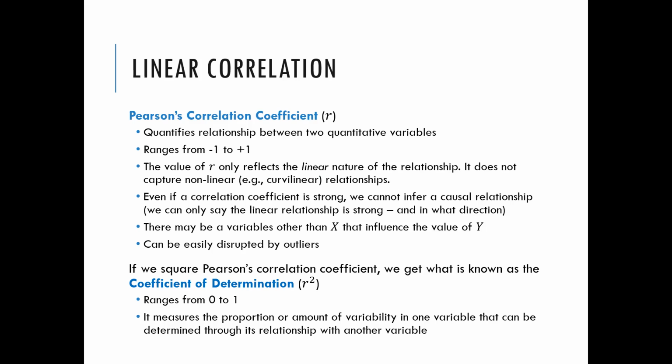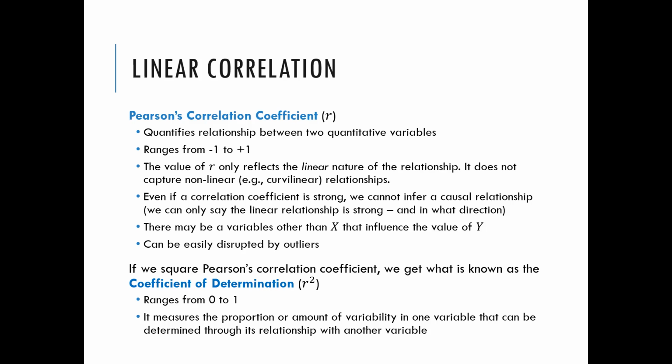Remember, the value of r only reflects the linear nature of the relationship. In the different graphs, I gave examples where two variables could be correlated, but it's a curvilinear relationship, and there are different statistics to measure that. For Pearson's correlation coefficient, we're just talking about a linear relationship. Even if a correlation coefficient is strong, we cannot infer a causal relationship.